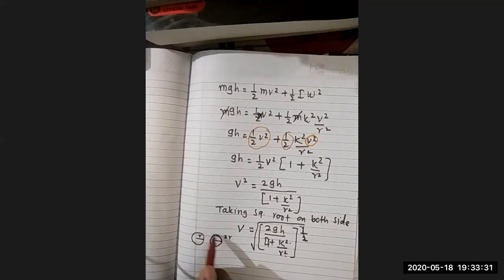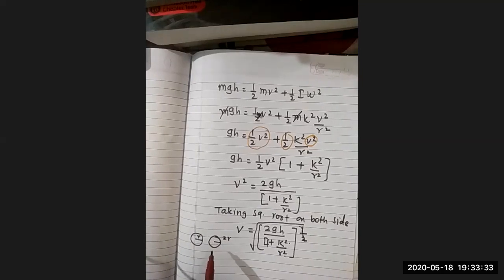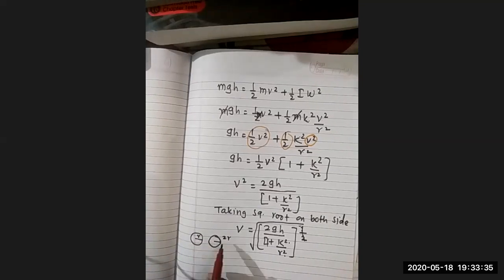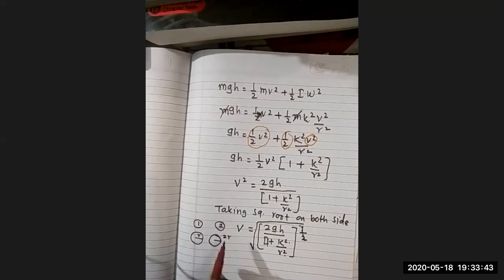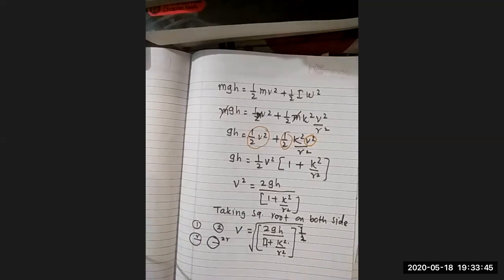It doesn't look like twice r, but just consider that the radius of the first disk is r and the radius of the second disk is twice r. Which disk, the first disk or the second disk, will have a higher speed? Which disk will have a higher speed, the one of radius twice r or the one of radius r only?